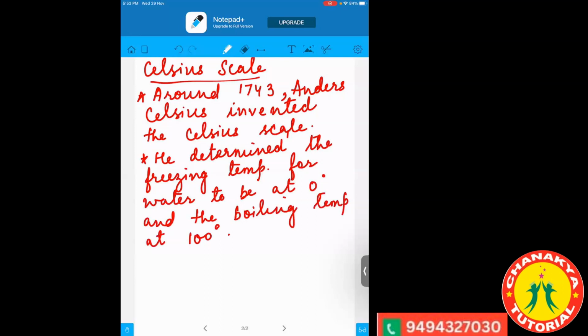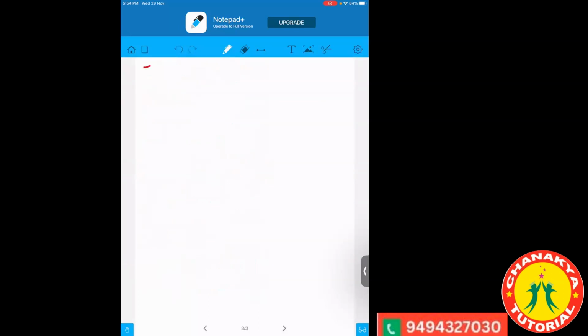When we talk about this scale, two points will be there. The first one is the freezing point and the second one is the boiling point. The freezing temperature is 0 degrees, whereas the boiling is 100 degrees Celsius. So whenever a question asks for the freezing point on the Celsius scale, the answer will be 0 degrees, and for the boiling point, it will be 100 degrees Celsius.